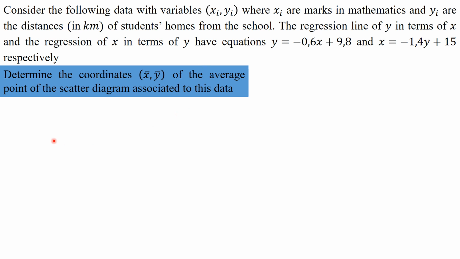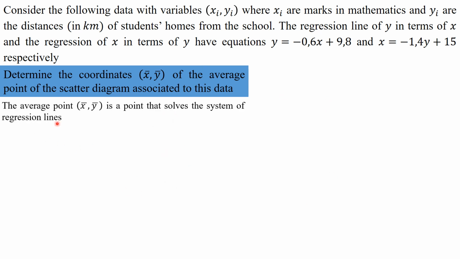Alright, so simply this is what we are going to do. The average point x bar, y bar is a point that solves the system of regression lines. So this is my system of regression lines. I just need to solve the two simultaneously, find x and y. Automatically the x and y become x bar and y bar, because that's the definition of the average point.